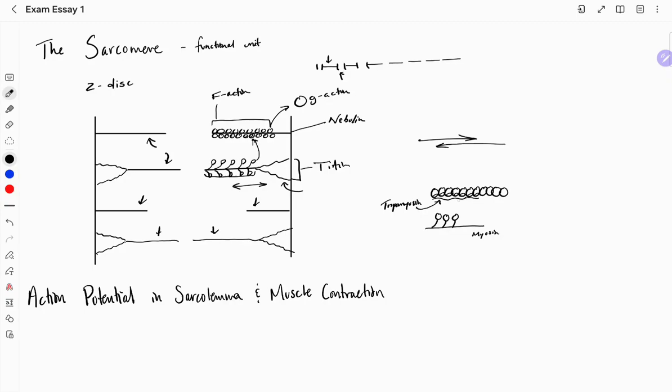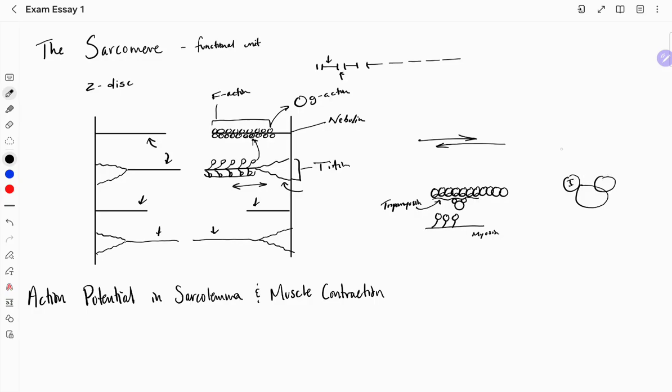And that is done with another protein here called troponin that has 3 components, as you can see. So I'm going to draw it over here like this, a little bit bigger.